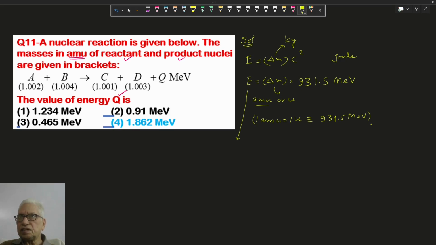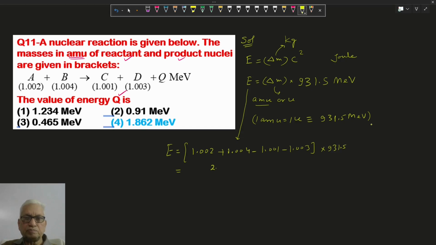We know 1 AMU mass is equivalent to energy of 931.5 million electron volt. So here delta M is the mass of reactants minus the mass of the products. This energy can be written as mass of A plus mass of B minus the masses of the products. It will be 1.002 plus 1.004 minus 1.001 minus 1.003, into 931.5 million electron volt.